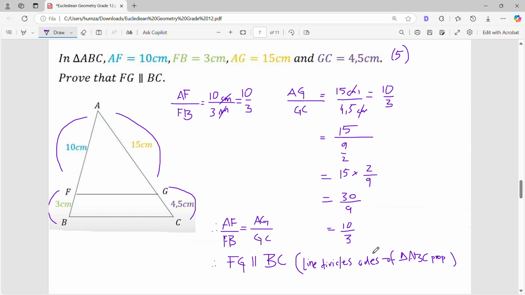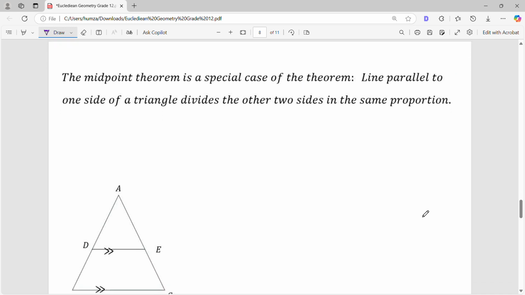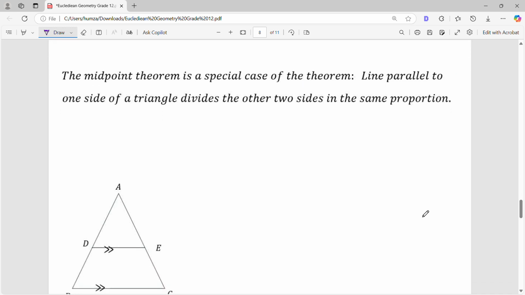Okay, now we are going to move on to the next type of theorem that is included in grade 12, the midpoint theorem. The midpoint theorem is a special case of the theorem which says a line parallel to one side of the triangle will divide the other two sides in the same proportion. So let me say that again.